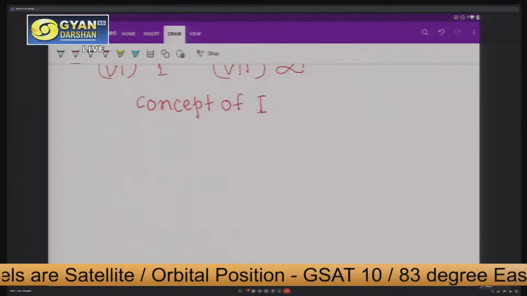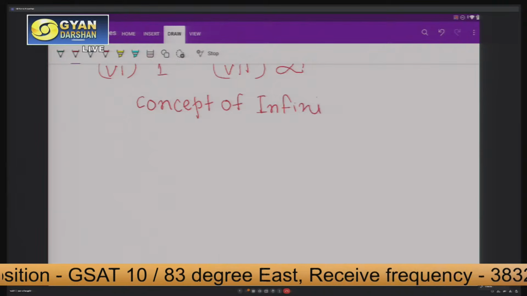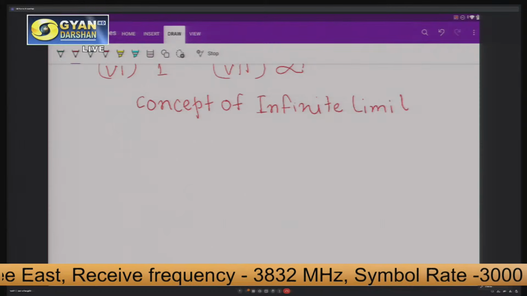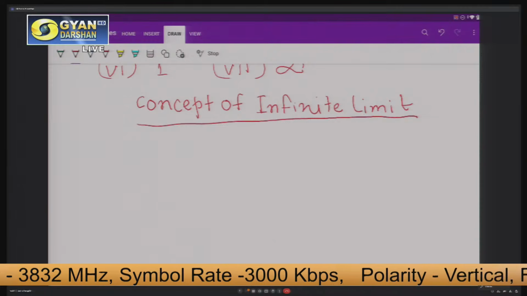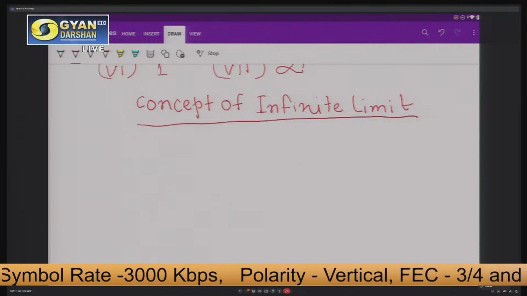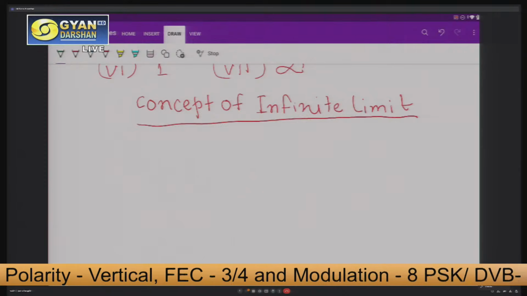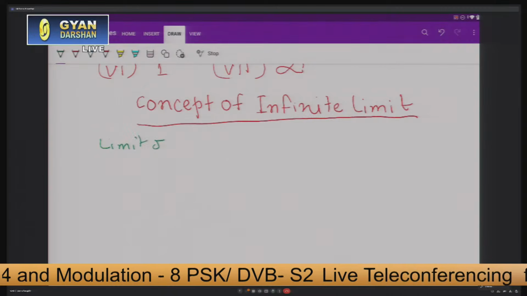So the concept of infinite limit first. Let us consider the limit of a sequence.